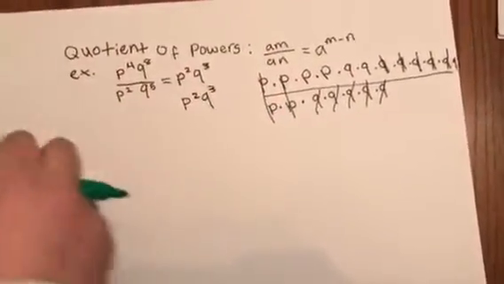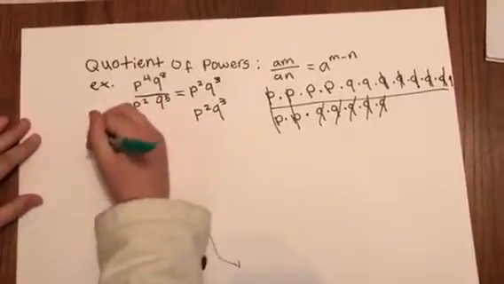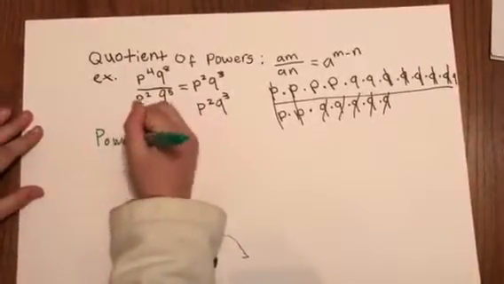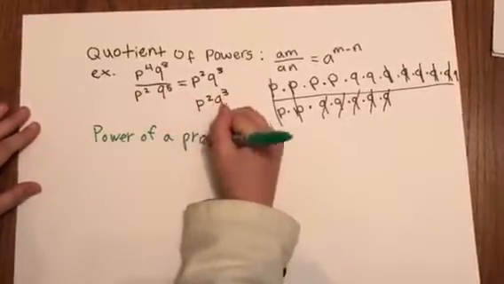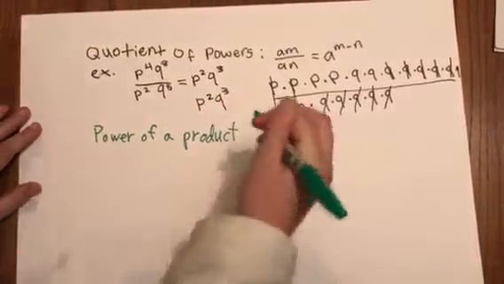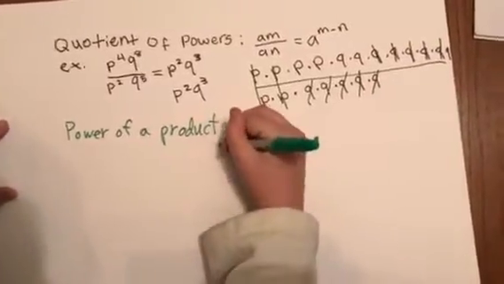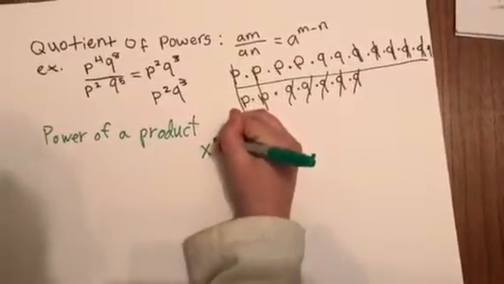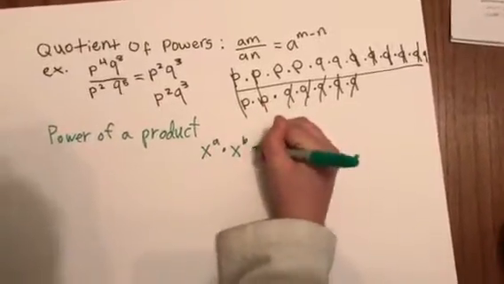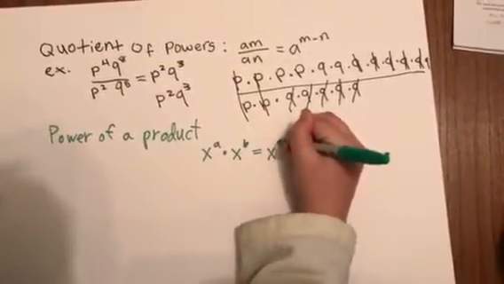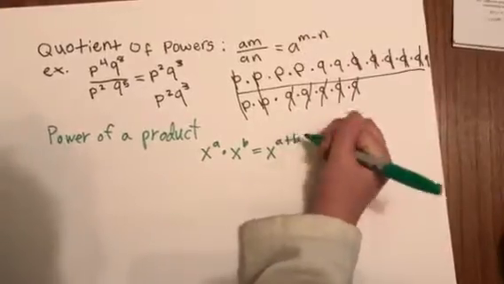Okay, now we are going to do an example of power of a product. So for this, we have our equation x to the power of a times x to the power of b, which equals x to the power of a plus b.